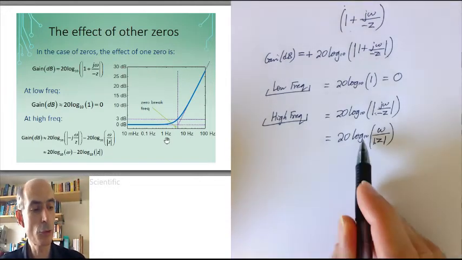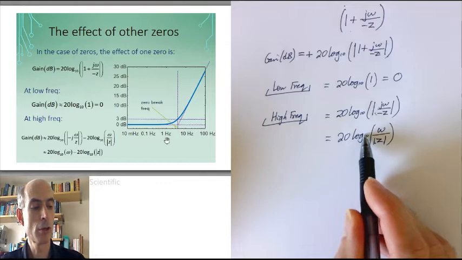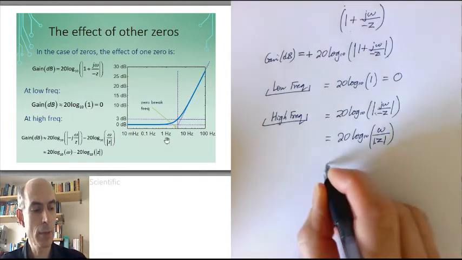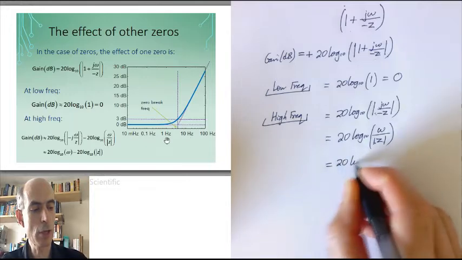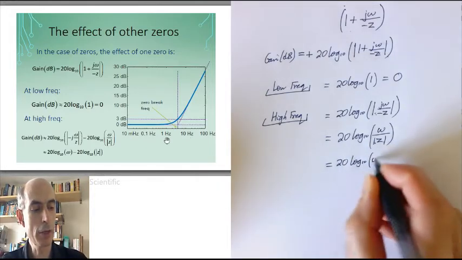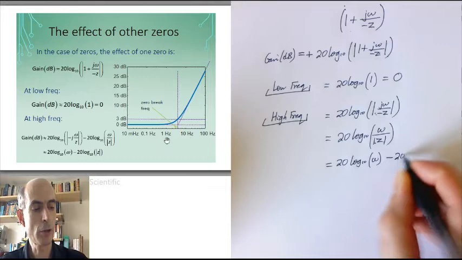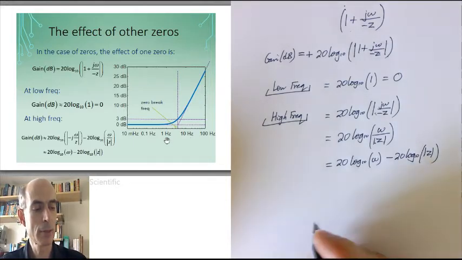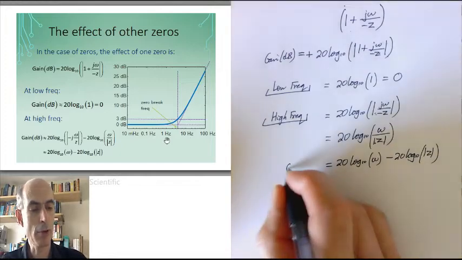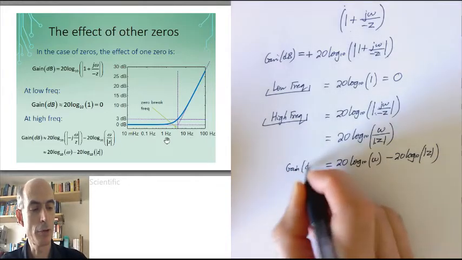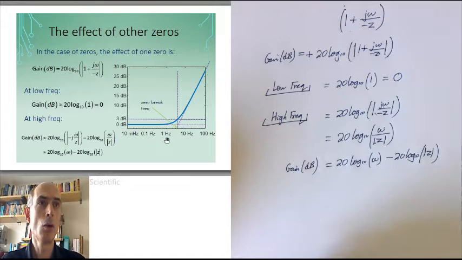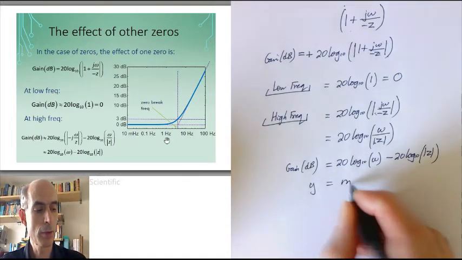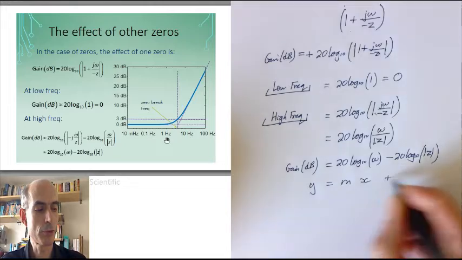Using the useful result that log of a over b is log a minus log b, that just gives me 20 log 10 of omega minus 20 log 10 of the modulus of z. And that is the effect of the zero in dB. Once again, it's a straight line. Y equals mx plus c.